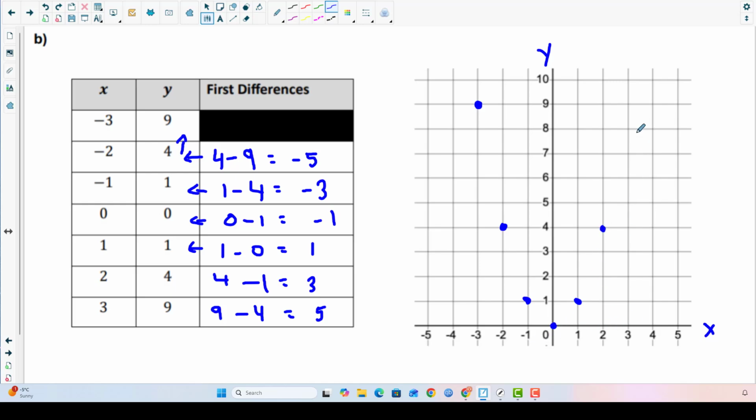And 3 and 9. If we connect all our points, we can see it's curving and making a shape like this. Draw some arrows there. So this is a non-linear relationship. It's not a straight line.